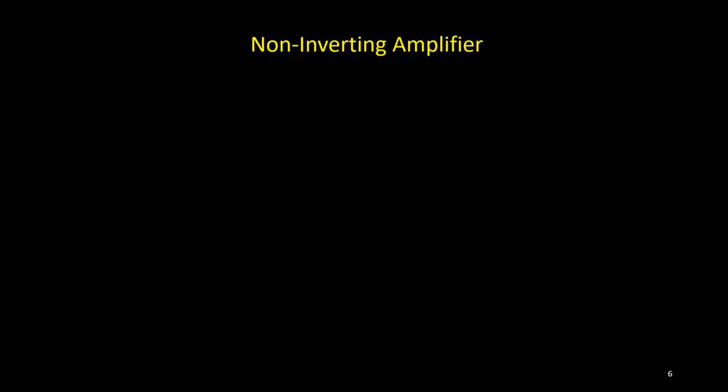Non-inverting amplifier. The same negative feedback should be there. This is the negative and positive input, and this is the feedback resistance, RF. This one is R1.